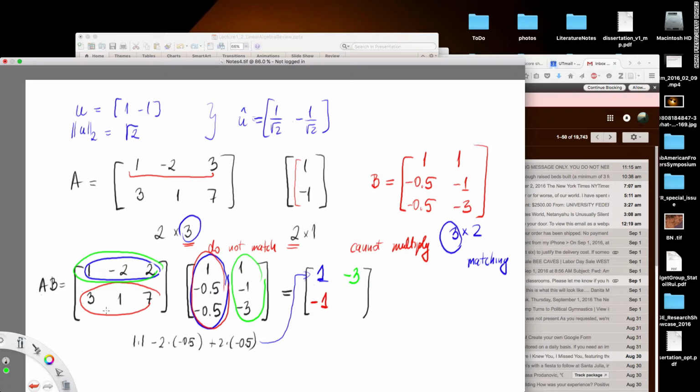And then I'm going to do the second row with the second column. So it's 3 times 1 minus 1 is 2. Minus 21 is minus 19.